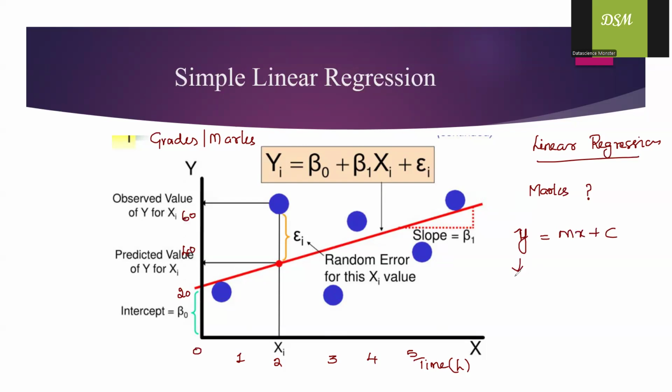What is y? It is the dependent variable, here marks. So marks is equal to m times time plus c. m is nothing but the slope. And c is what people always say is constant. It's not constant. c is actually the y-intercept.